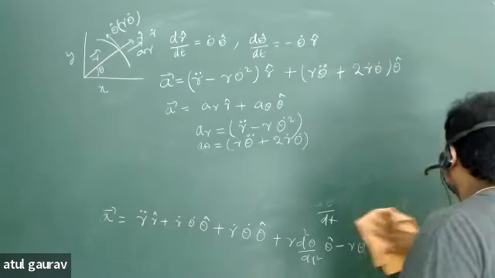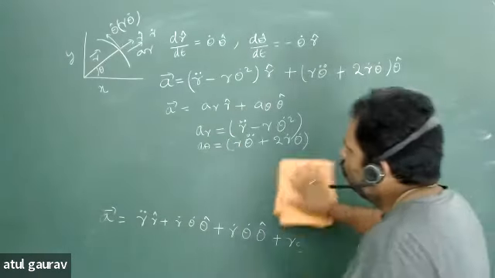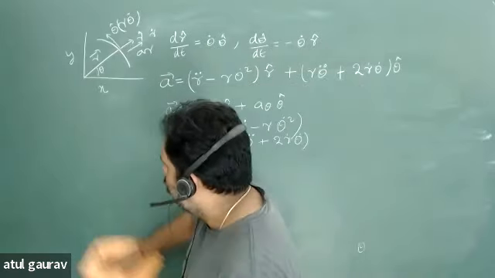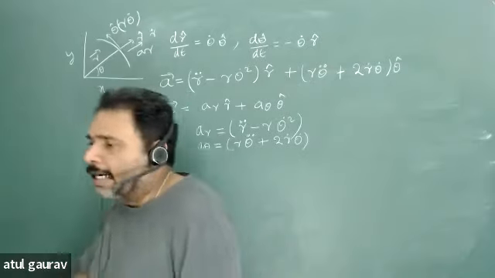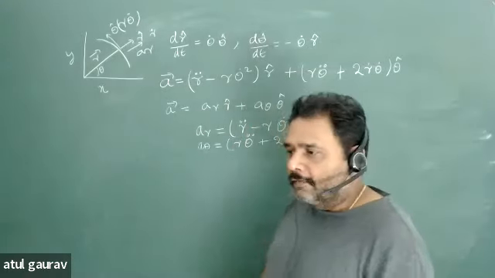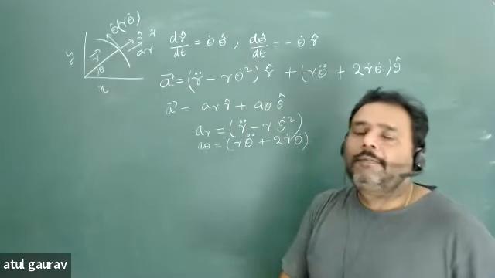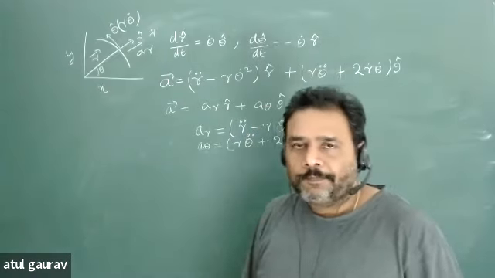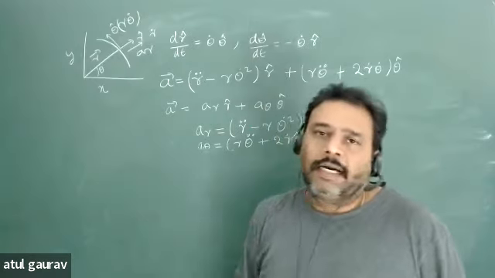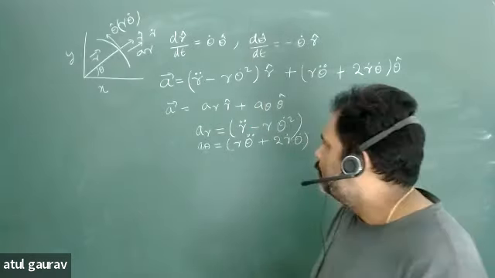If you want to solve Newton's law of motion, then you will resolve the force in the r cap direction and in the theta cap direction. You will just forget your x and y.